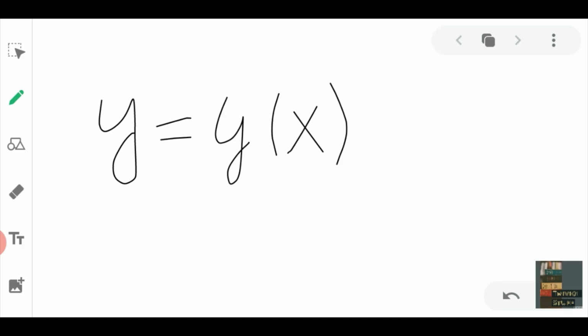Hello everyone. So far we have considered functionals of curves given by equations of the form y equals y of x in the two-dimensional case. However, sometimes it is more convenient to work with parametric equations of curves.